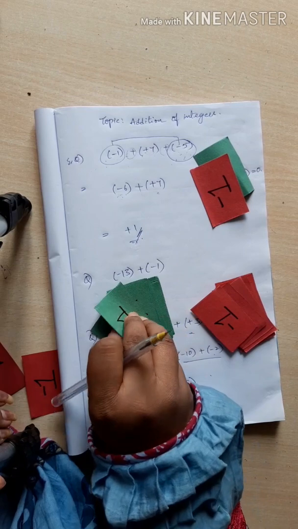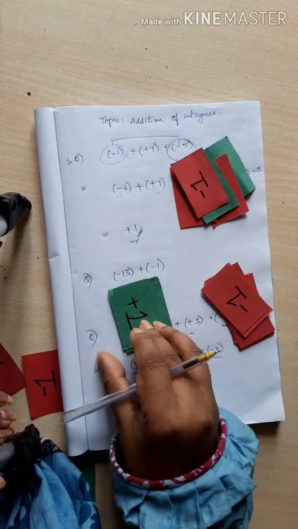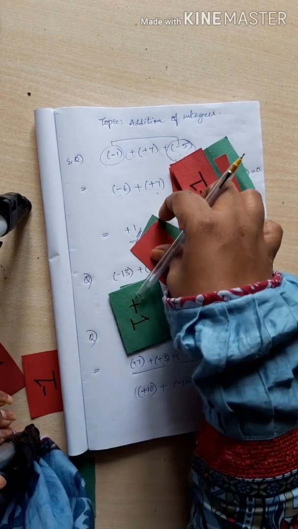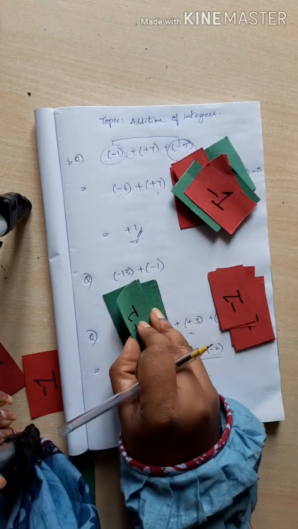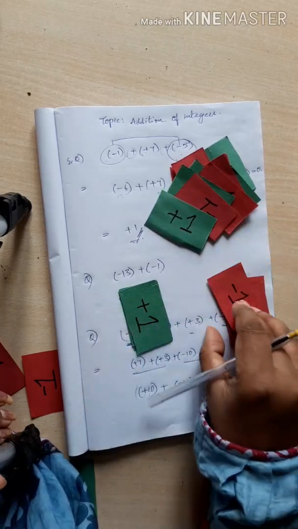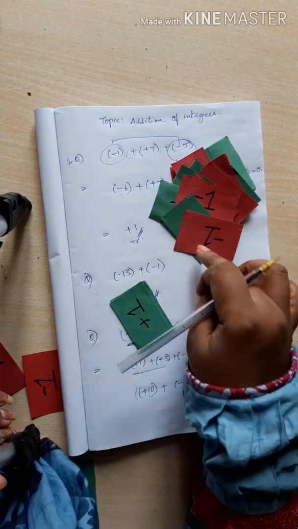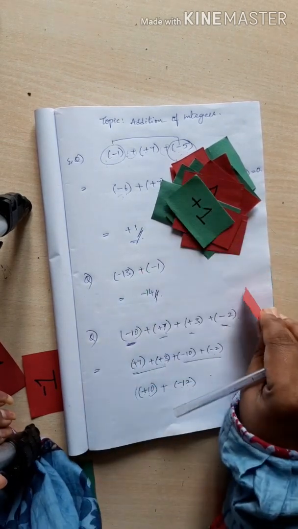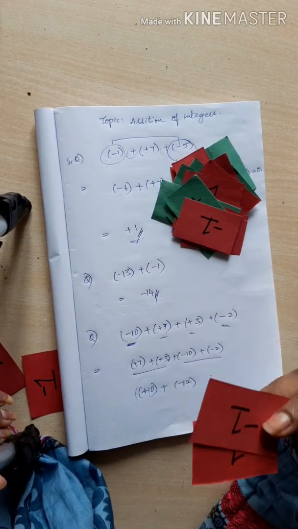Zeros, cancelling the pairs one by one. So how many cards are left? 2 cards. Which color?